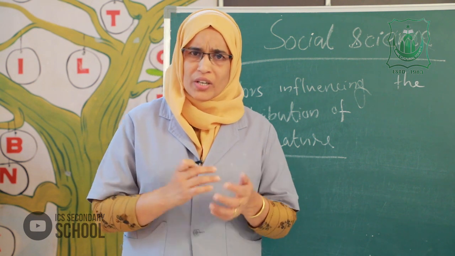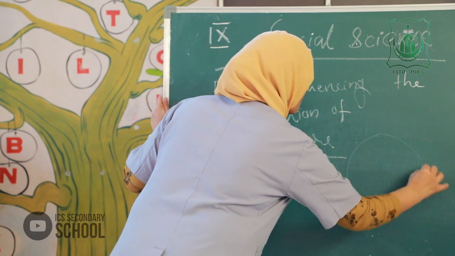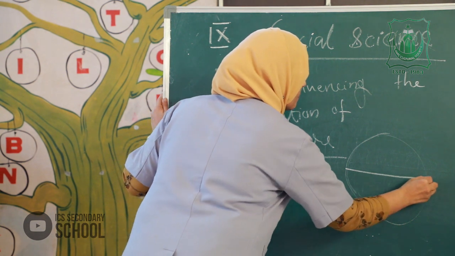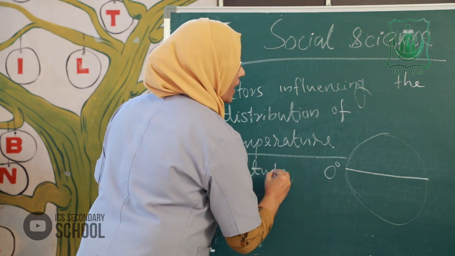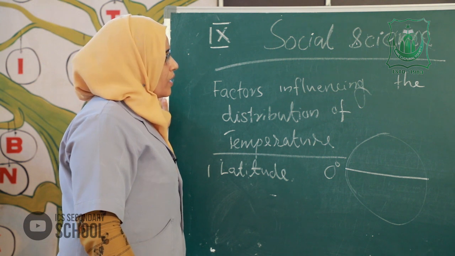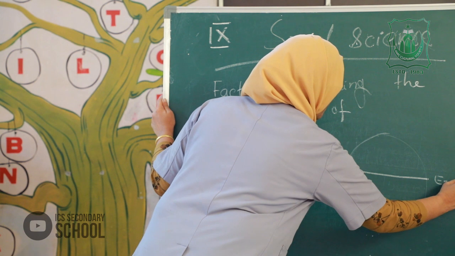What means tropical region? Look at the board. Zero degree latitude line is the equator.